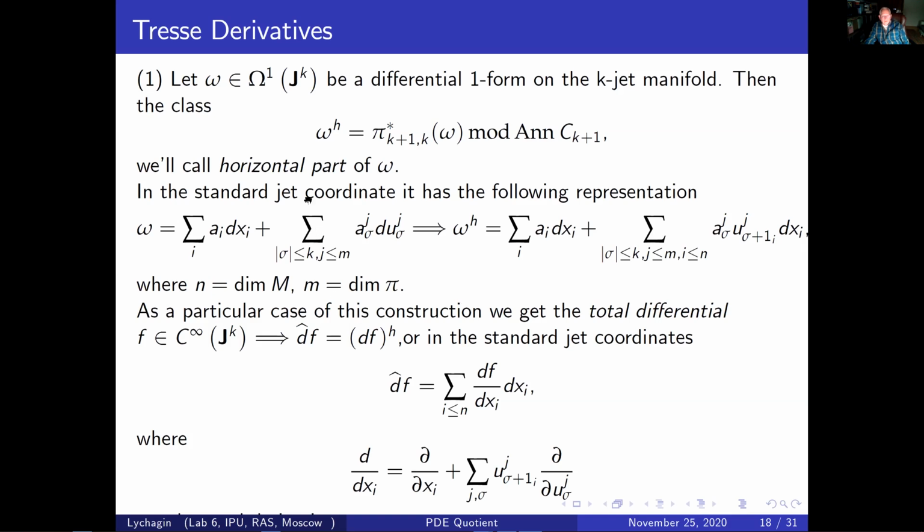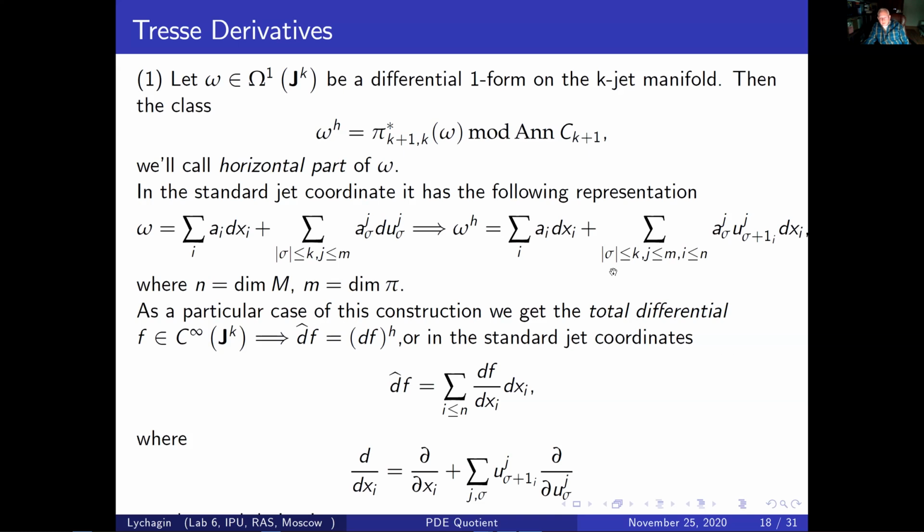First of all, this is why I wanted to talk about this: the construction of taking the horizontal part is invariant. If I make a contact transformation or point transformation, this form will behave in a natural way.